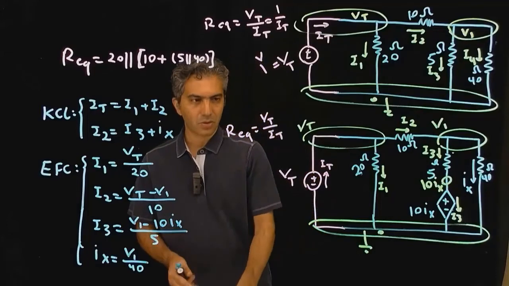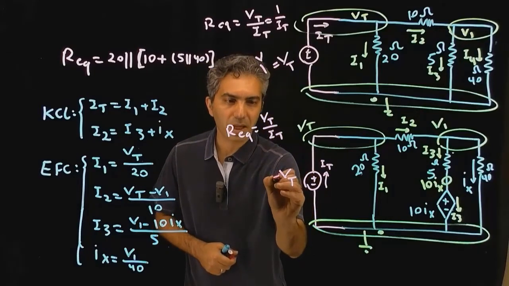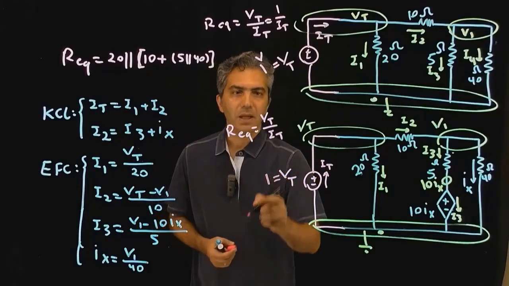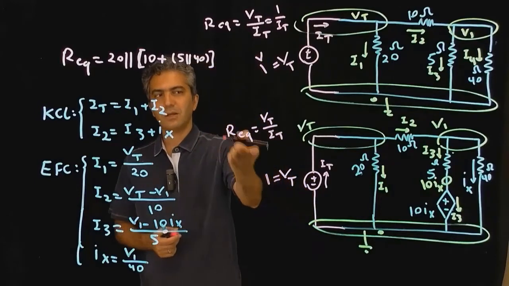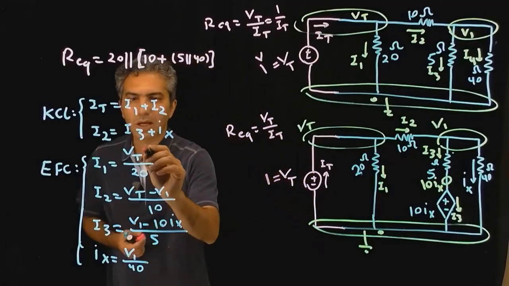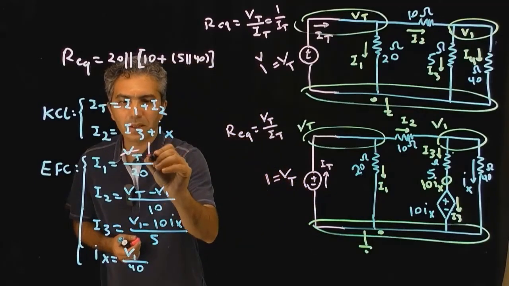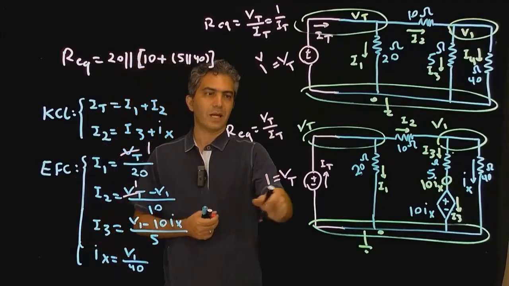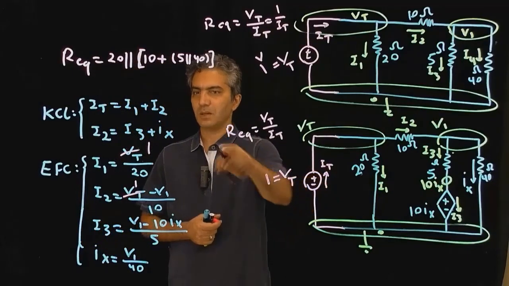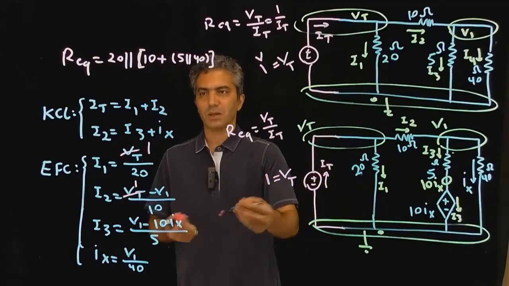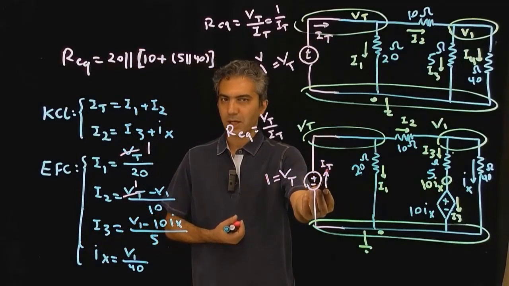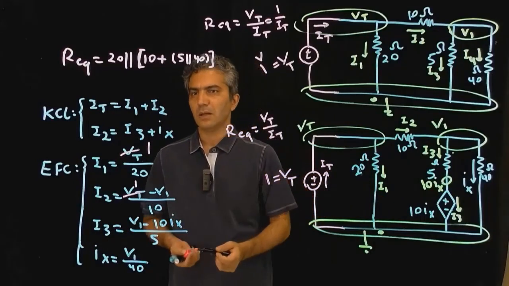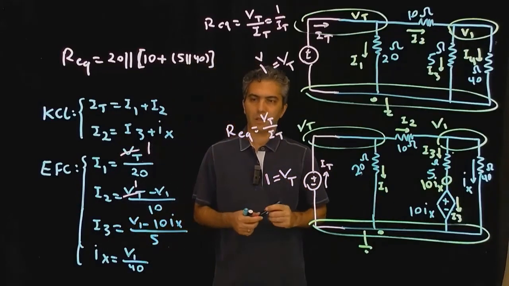Now, the other thing that you could do, like I explained, you can say that that's 1 volt, and then you can calculate It, the inverse of that. And once you do that, this becomes 1, that becomes 1. And now with that, you have 6 equations, 6 unknowns. You can calculate all of them, including It, and 1 over It is your equivalent resistance.